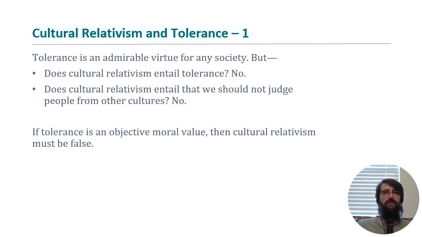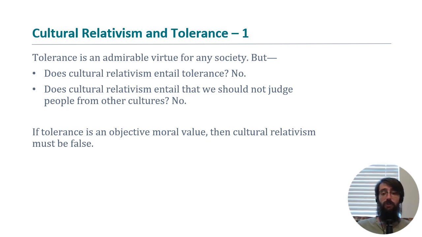Another reason why some people are sometimes tempted to think relativism is true is they think that it implies that we shouldn't judge other people. If all moral views across all cultures are just equal, then doesn't that mean that we shouldn't judge other people's views? Well, it doesn't necessarily entail that.